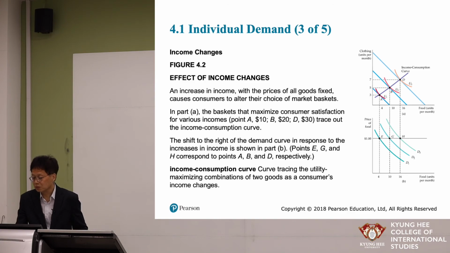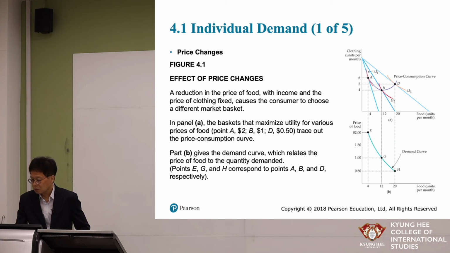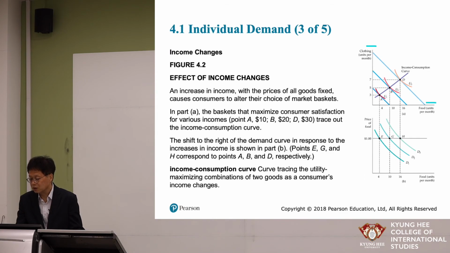In the earlier example, that was the price consumption curve, because the price of food decreased from $2 to $1 to $0.50 like this. But here, the XY variables are the same, but income changes, so the budget constraint shifts to the right like this, and we can trace the income consumption curve like this, right?